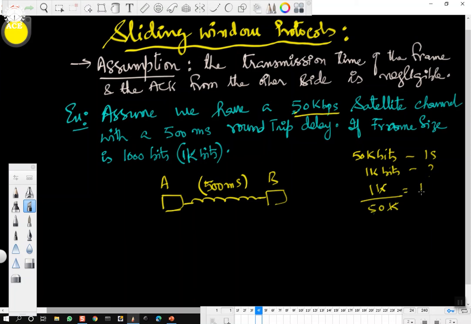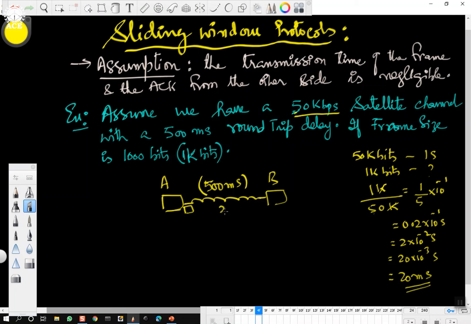That is 1 by 5 into 10 to the power minus 1, which is 0.2 into 10 to the power minus 1, which equals 2 into 10 to the power minus 2 seconds. This is nothing but 20 into 10 to the power minus 3 seconds, which is 20 milliseconds. So the time for putting the frame onto the channel is 20 milliseconds.